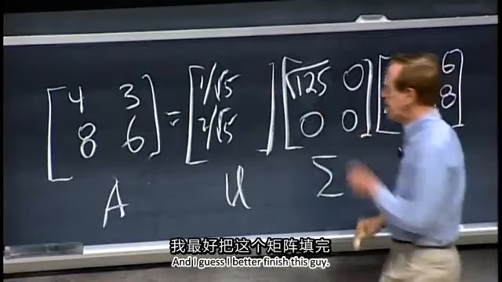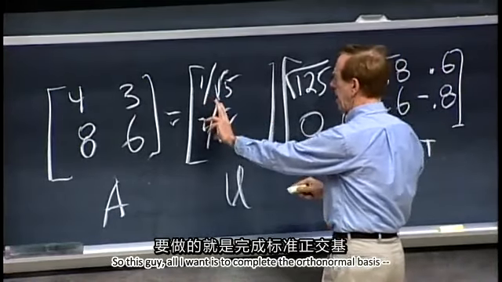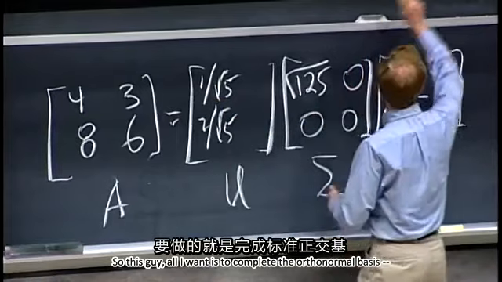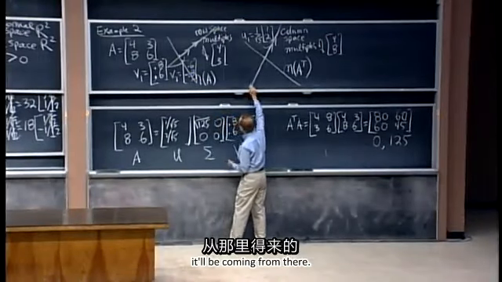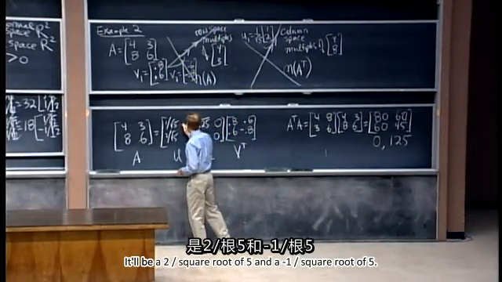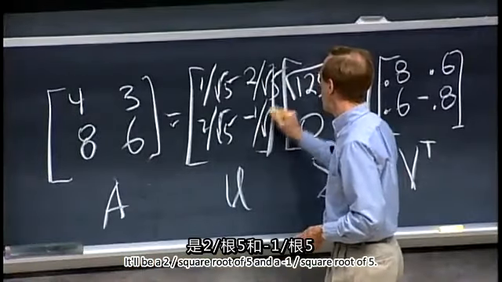And I better finish this guy. All I want is to complete the orthonormal basis. It'll be 2 over square root of 5 and a minus 1 over square root of 5.